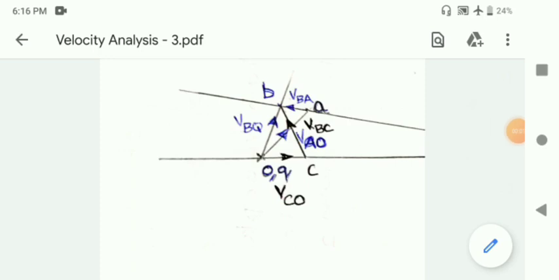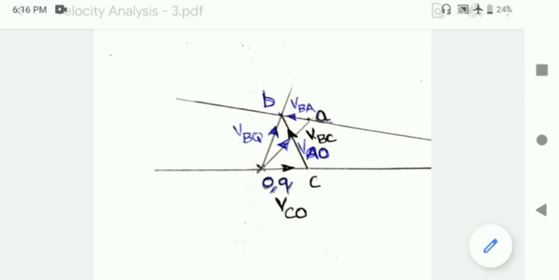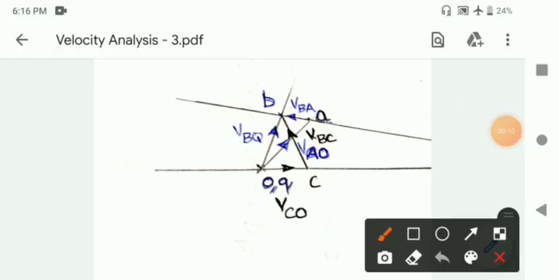This is the enlarged view of the velocity diagram. So please observe how the directions are marked and how the designations are given according to the direction. Regarding the way in which these directions are given, please refer to the previous video.